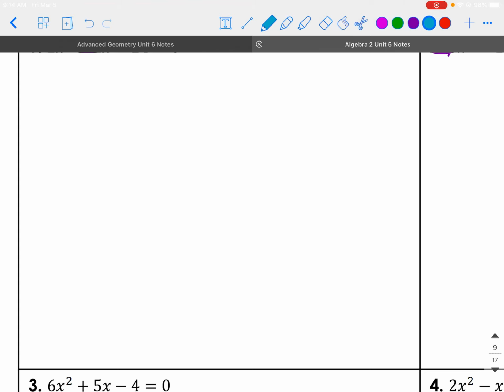Factors of a quadratic look something like this: x plus 7, 2x minus 1. Those might be factors. If I have a quadratic and I can do what's called factoring, I can break it down into simple chunks, and these chunks we call factors.